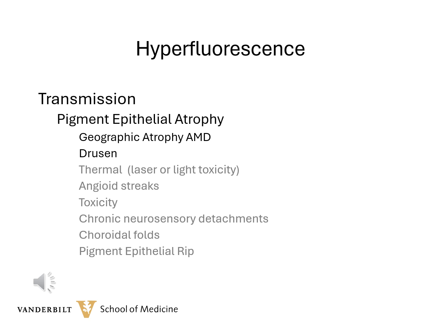Injuries, laser, trauma, and some drugs can disrupt the pigment as well. Choroidal folds will cause hyperfluorescence at their crests and hypofluorescence at their base. And then finally, there's a special condition we can find in macular degeneration, and that is called an RPE rip. We'll start with some examples of macular degeneration.